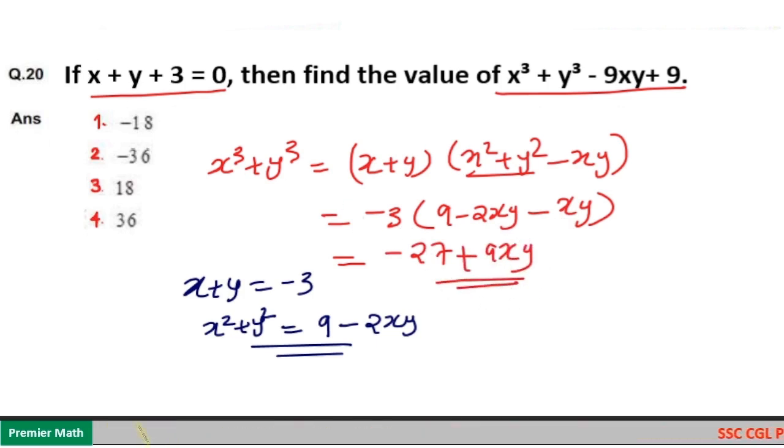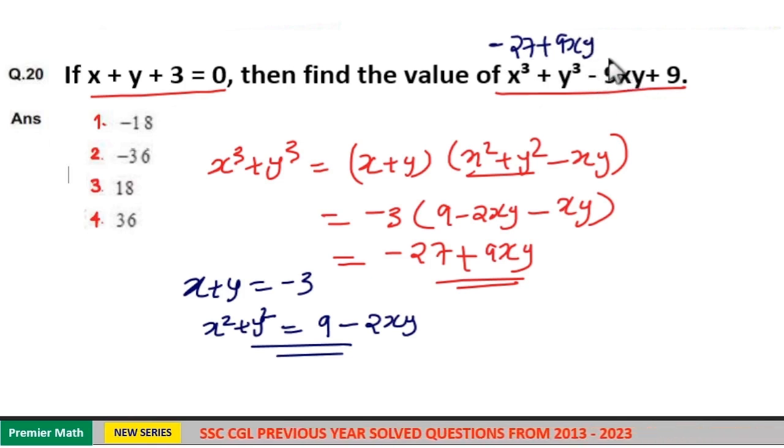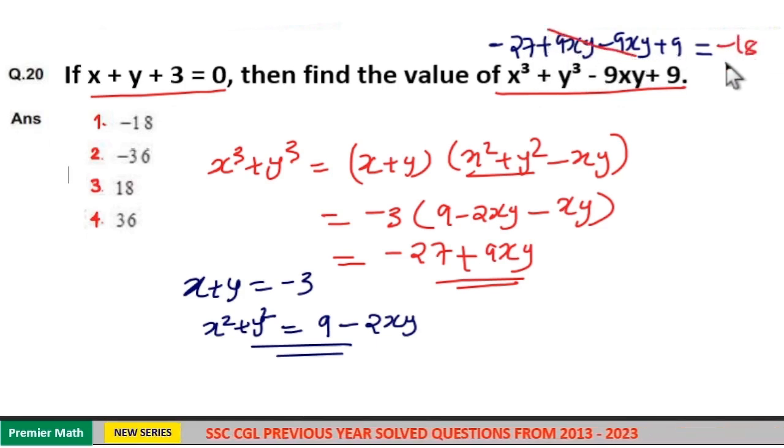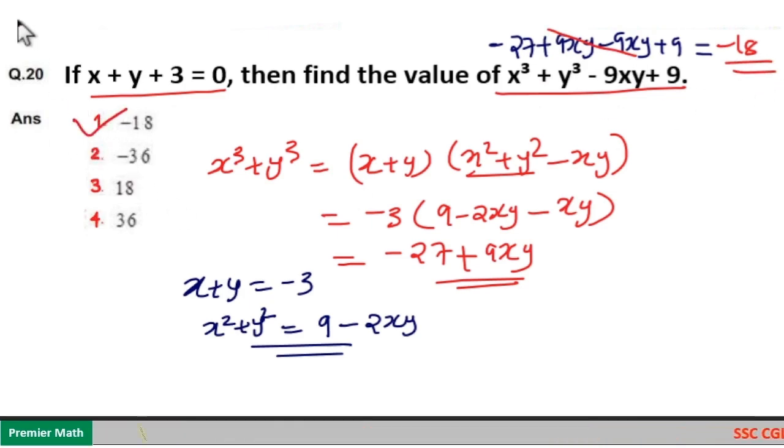So we have got x cube plus y cube as minus 27 plus 9xy. Remaining minus 9xy plus 9, these two terms cancel, minus 27 plus 9 is equal to minus 18. So option 1 is your answer.